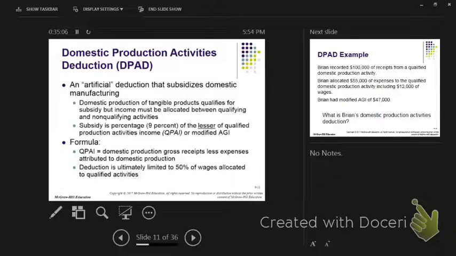All right. This is one of my least favorite things to talk about. This domestic production activities deduction. I used to say this wasn't that big a deal because it didn't happen, and then I had friends that actually do it, so it made me say, oh, I guess I don't know what's really going on.